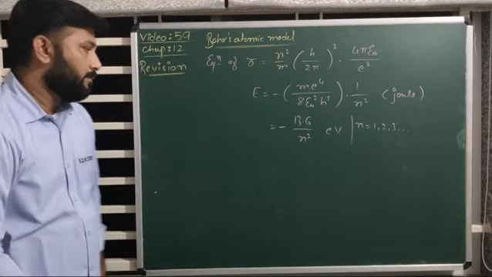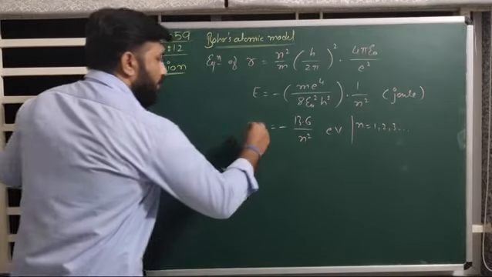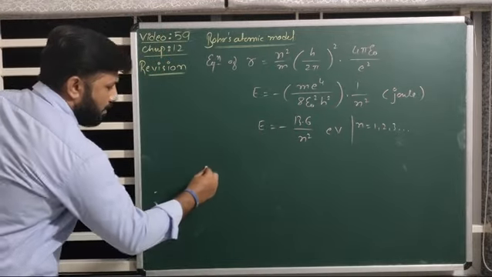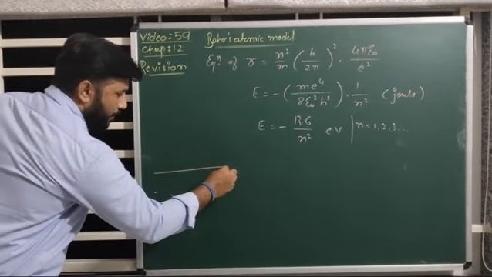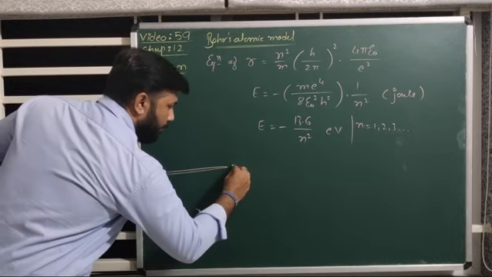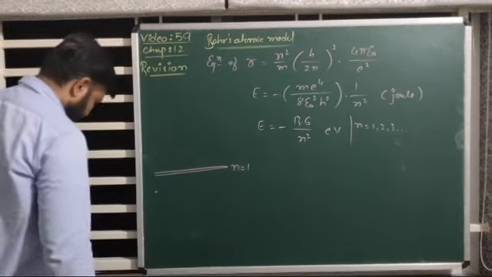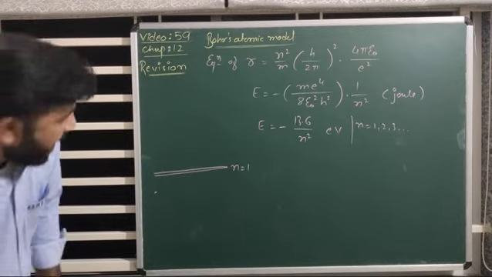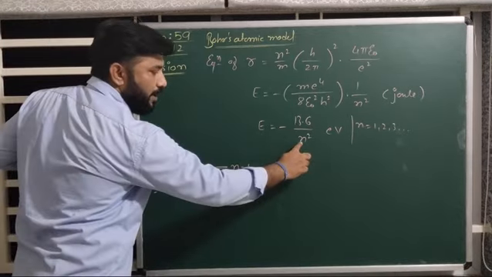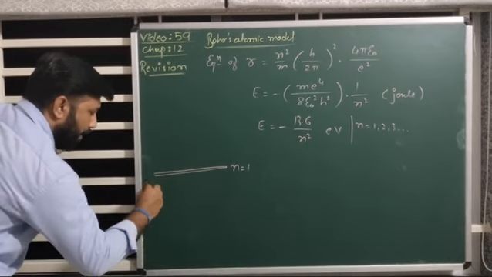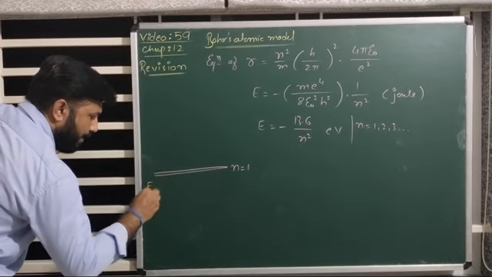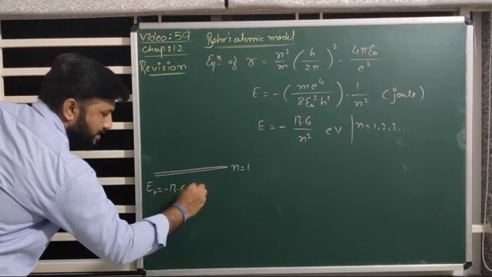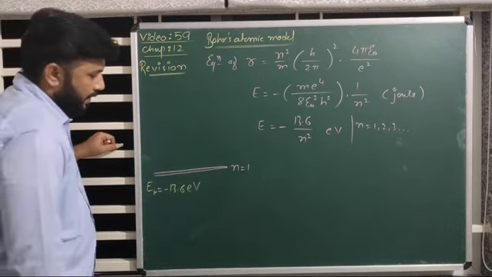Clear? From here we will have again two definitions, right? If we take n is equal to 1, now what will you get? Put the value 1 here, you will get the first value, E1 is equal to minus 13.6 electron volt, right?